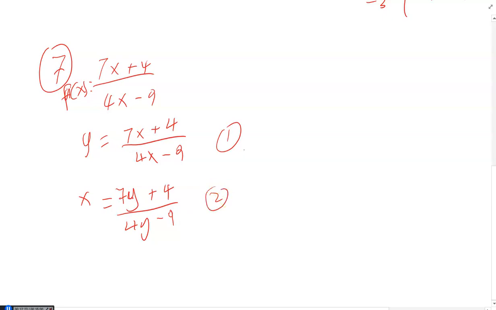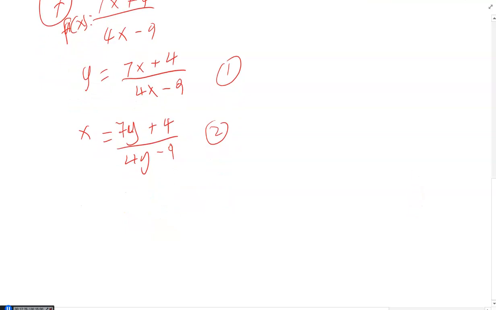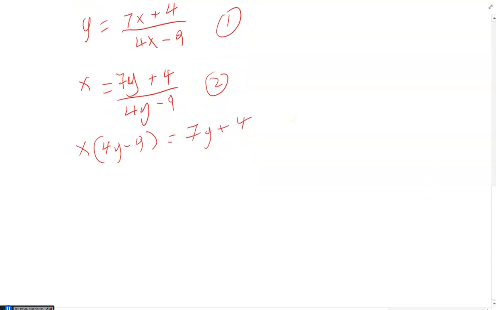So this is step 2. Now let's continue with this work and let's see what happens with it. Doing a bunch of algebra right here. We multiply both sides by 4y minus 9, so x times 4y minus 9 is equal to 7y plus 4. Then distribute: 4xy minus 9x is equal to 7y plus 4.